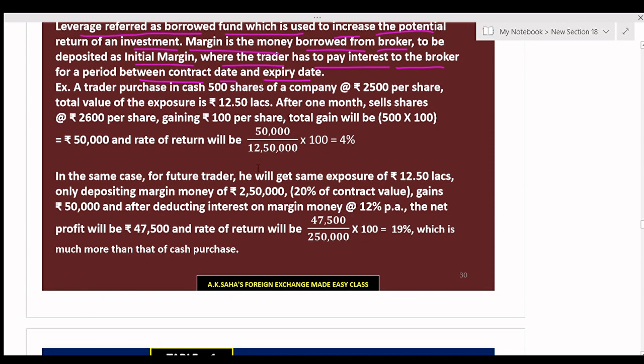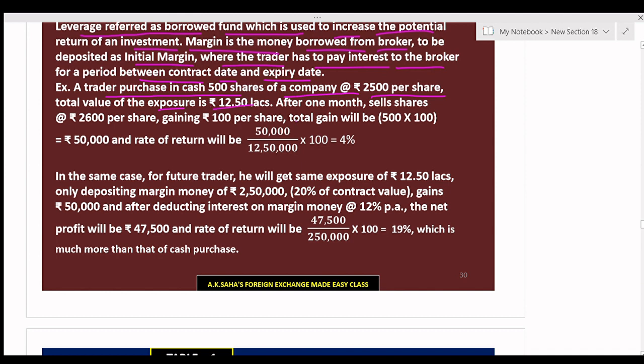A trader purchases in cash 500 shares of a company at the rate of rupees 2,500 per share, and the total exposure is rupees 12,50,000.